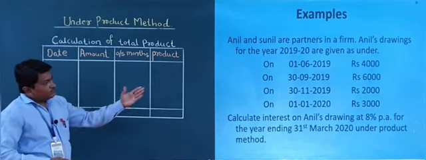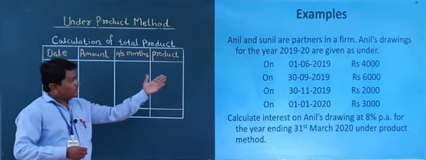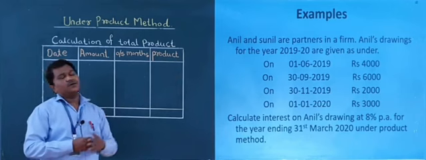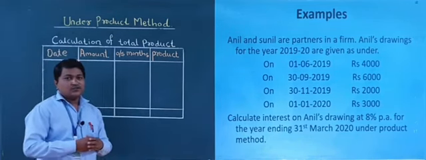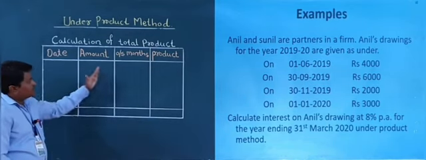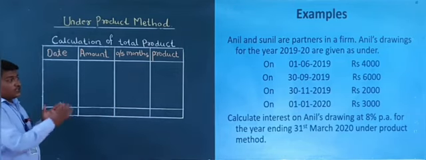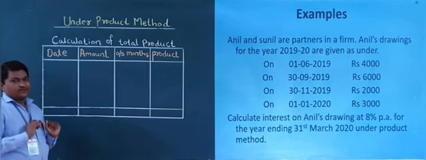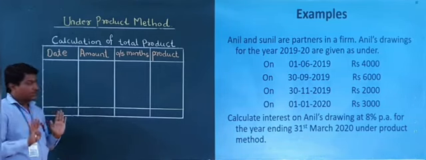Here in the question they have already given two columns: the different dates and the amount of drawing on that date. So the first column is date, the second column is amount, the third column is outstanding month, the fourth column is product.